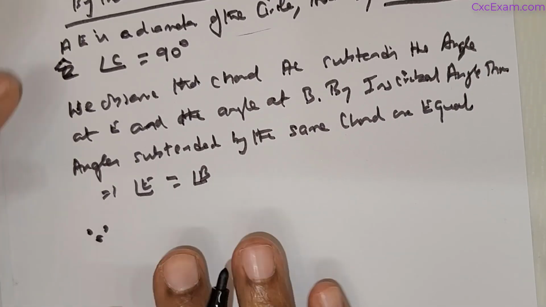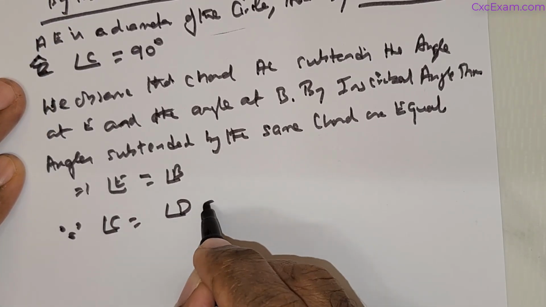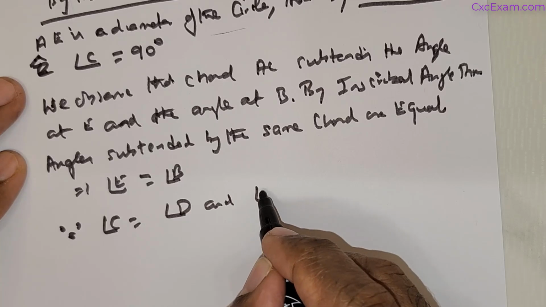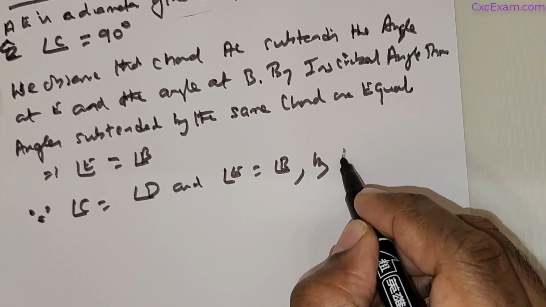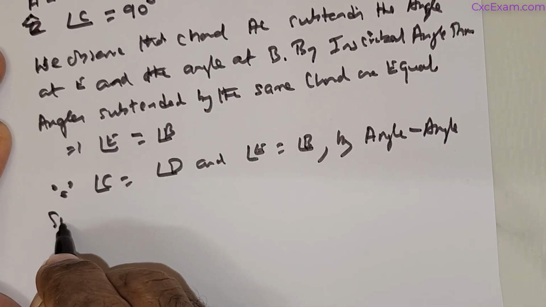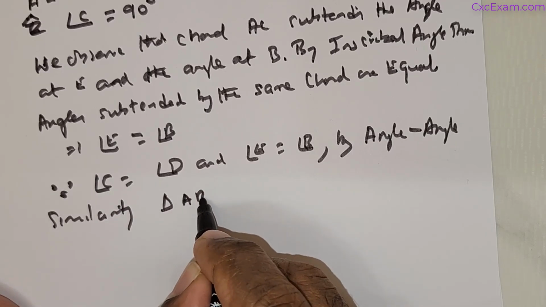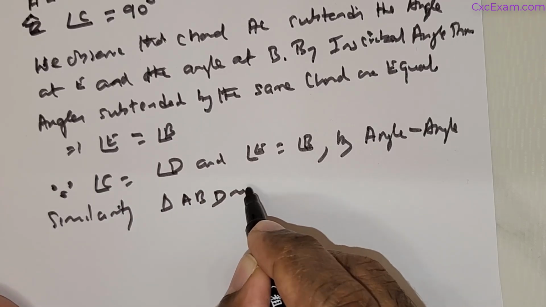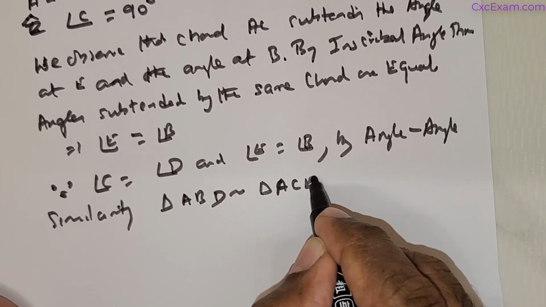I'm going to state here, since angle at C is equal to angle at D and angle at E is equal to angle at B, by angle-angle similarity, triangle ABD is similar to triangle ACE.